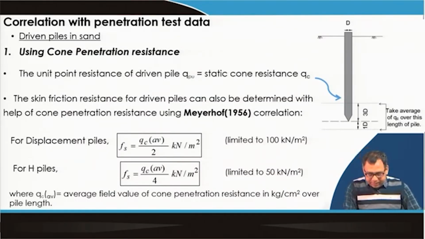And for H-piles, this is QC divided by 4, limited to 50 kilonewton per meter square. And remember that the average field value of cone penetration resistance is in kg per centimeter square over the pile length. So, these units you have to use properly, because these are empirical equations.